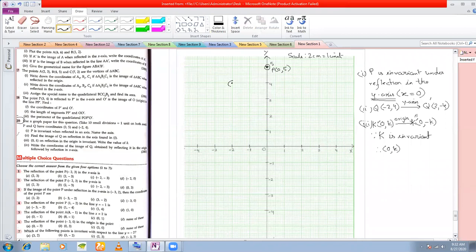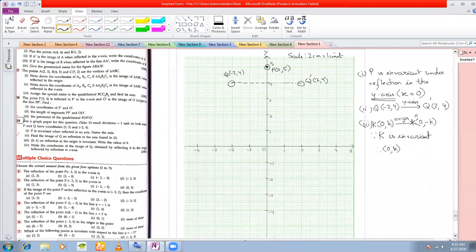This one. So let's drop a perpendicular here and it transforms to Q dashed. This is 2, 4. So in my answer, I'll write 2, 4.